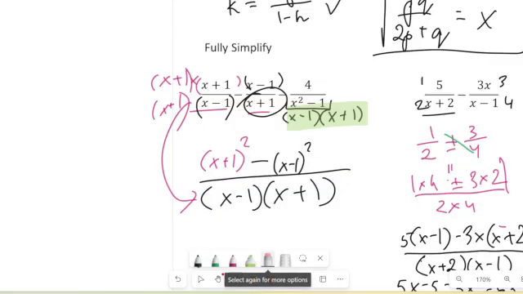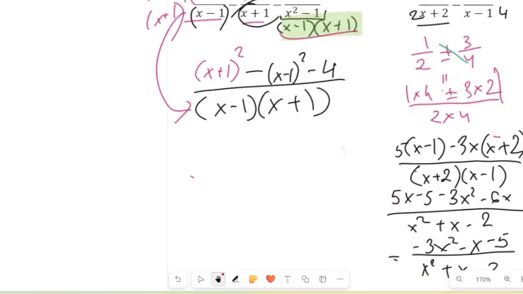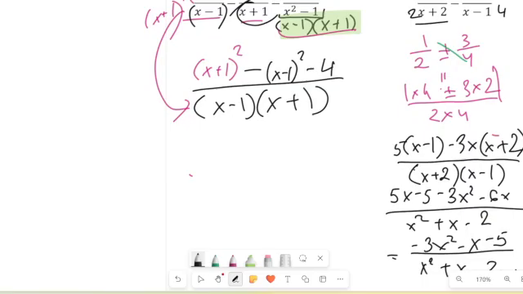And then this is something that I already want. This is my common denominator, so I just keep my minus 4. So now what do we do? We expand the brackets on the top, so that will be x squared plus 2x plus 1.